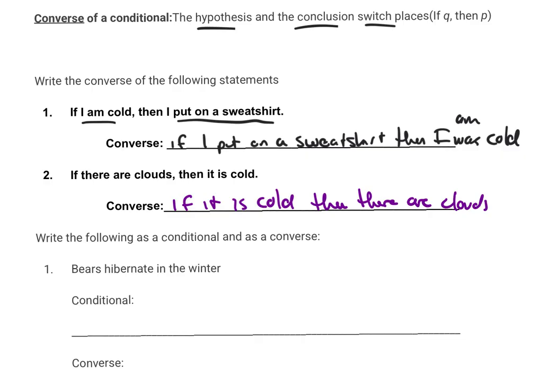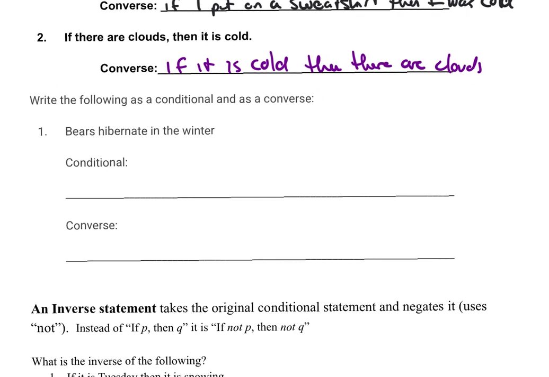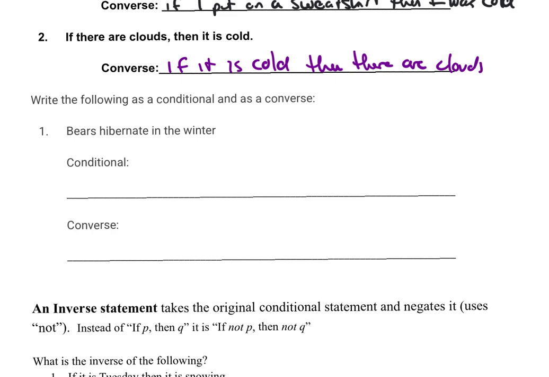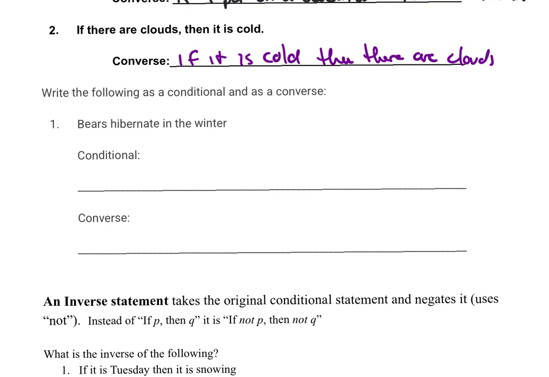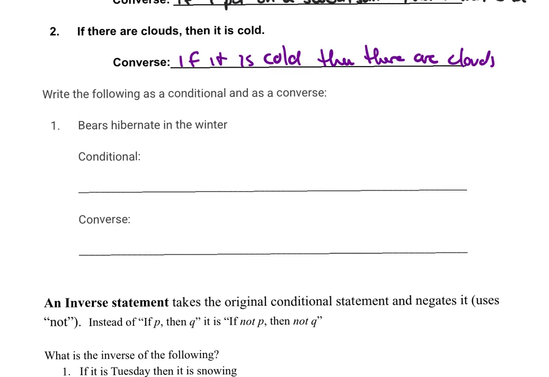So if I take this, bears hibernate in the winter, I need to write that as a conditional and a converse. I'm going to say if the bears are hibernating, then it is winter.